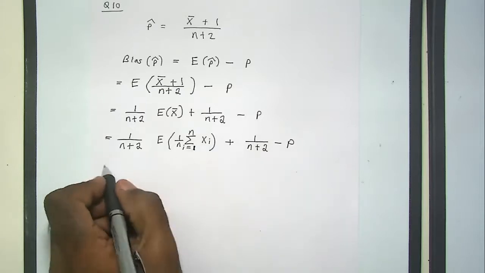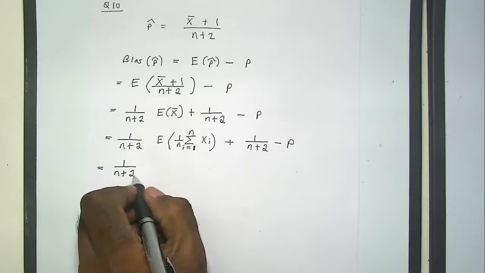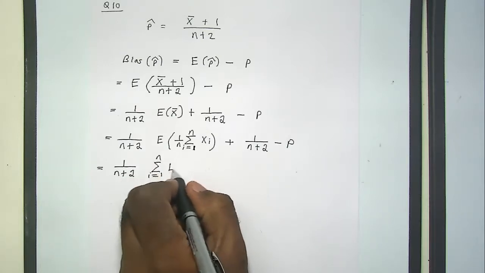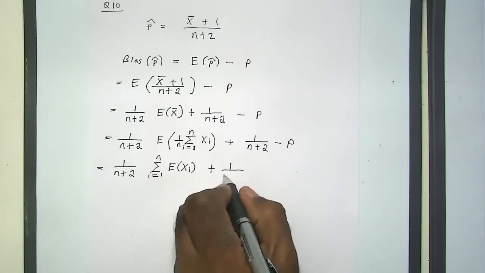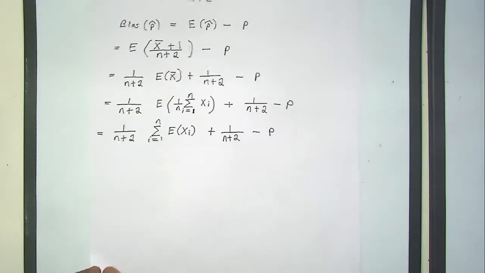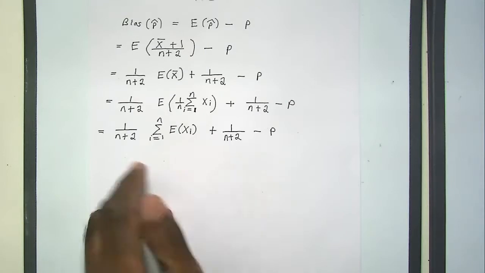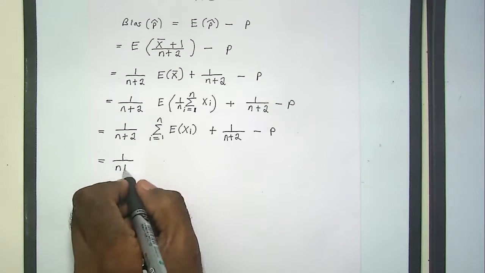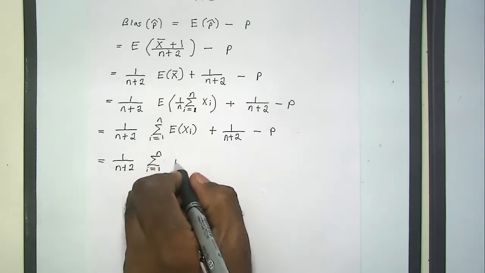Now taking the expectation inside, you will get the sum of the expectation of xi plus 1. I'm sure all of you know that the expectation of xi for a binomial is n times p. So this will be 1 over n plus 2 times the sum of n times p.